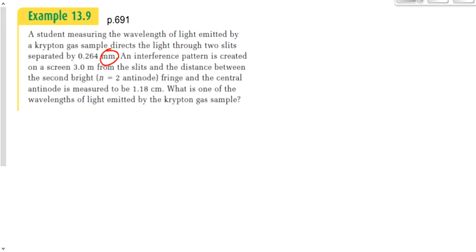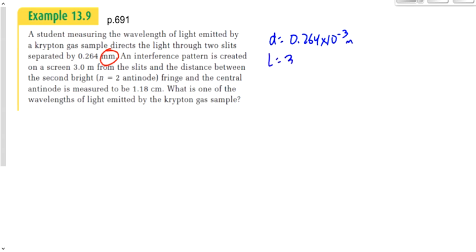What did I say to do if you have more than one wavelength? Pick one. We're going to pick this data, and we're going to get the wavelength that's associated with this data. It doesn't matter that there's more than one color. We have data for one. Let's go with it. So what do we got here? We got D is 0.264 times 10 to the minus 3 meters, which is 0.264 millimeters.